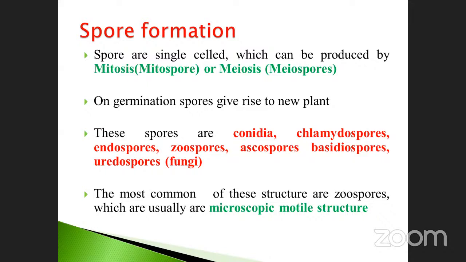The most common of these structures are zoospores, which are usually microscopic motile structures. This is very, very important. First of all, you must know what gonidia is. It is a minute spore-like structure, mostly present in fungi. These are all considered under the heading known as match the following. Sometimes they may ask such questions.